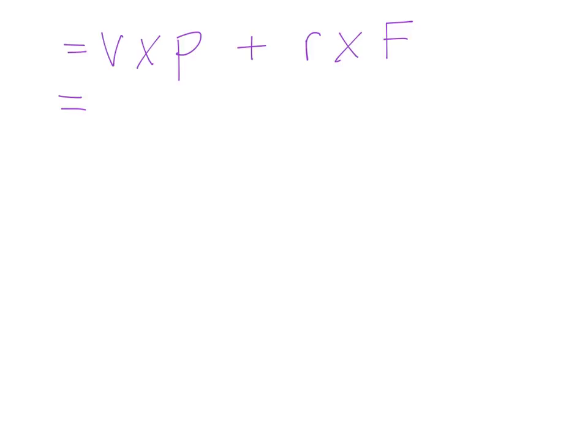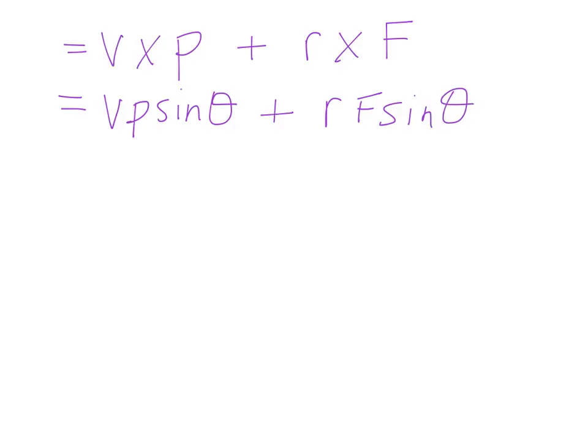If I do v cross p, that's basically saying v times p times the sine of the angle between v and p, plus r times F times the sine of the angle between r and F.